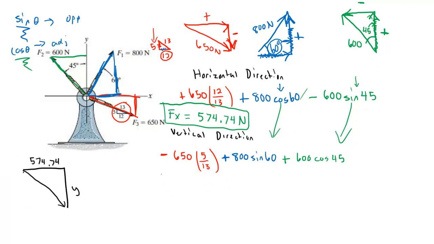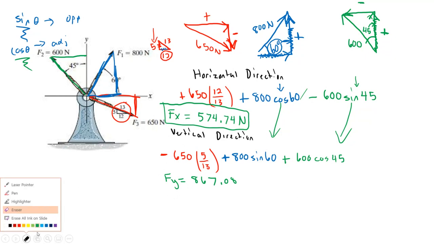You add these up, and your Fy, your total, will equal 867.08. So that means that you have two positive values. So let's see what that looks like.